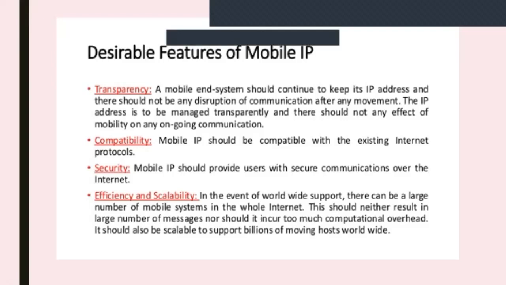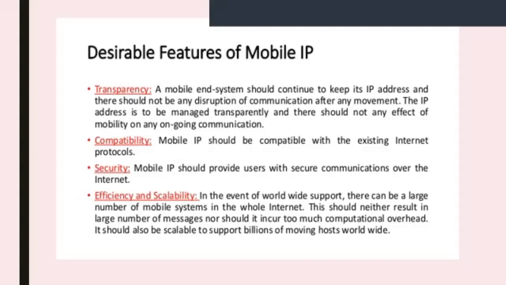Efficiency and scalability. In the event of worldwide support, there can be a large number of mobile systems in the whole internet. This should neither result in a large number of messages, nor should it incur too much computational overhead.